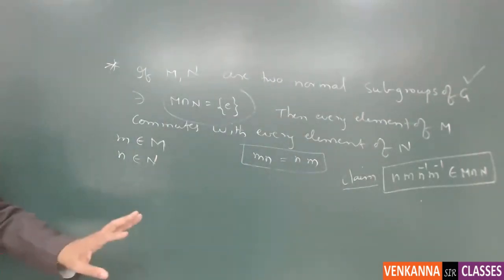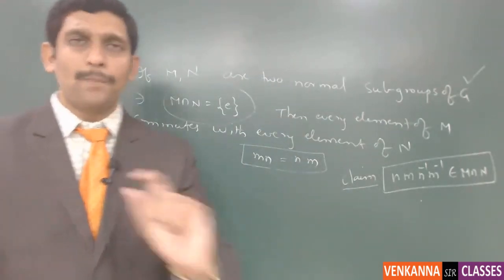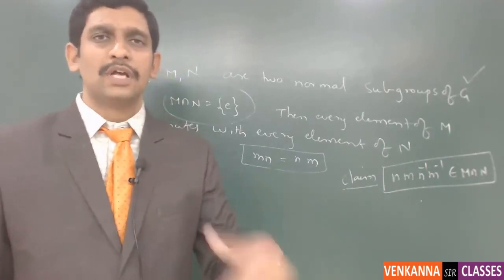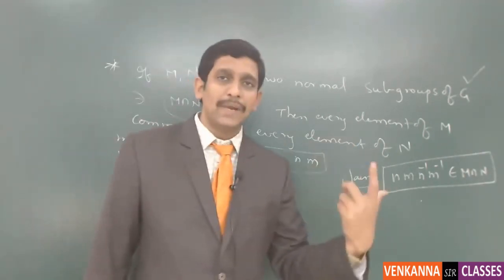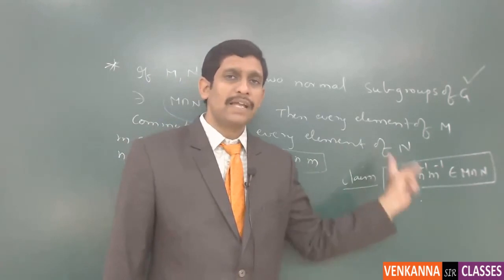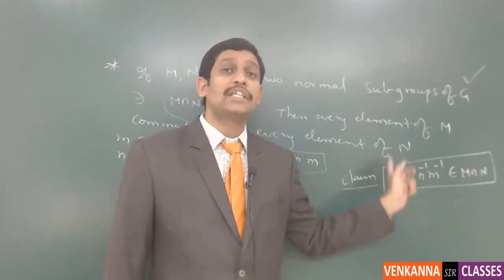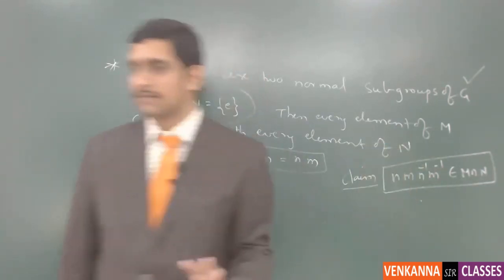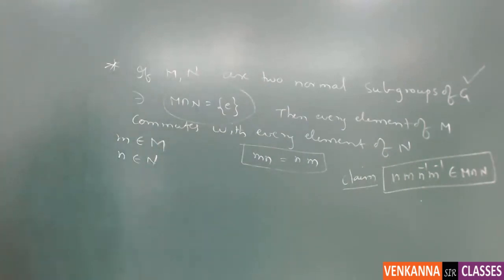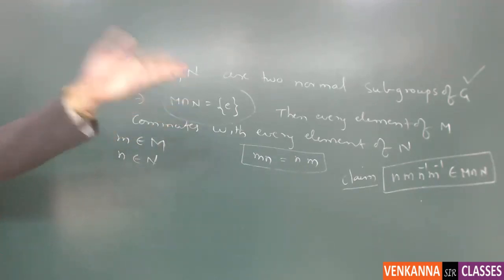Using the property of normal subgroups, I want to show that the element n m n inverse m inverse belongs to the intersection. Okay? Are you clear, everyone? Fine. Basically, all these elements belong to the group.